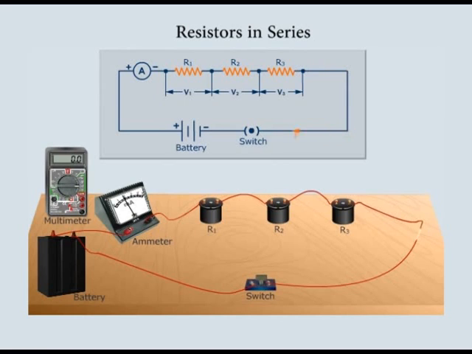Let V1, V2 and V3 be the potential drops across R1, R2 and R3 respectively. Under ideal conditions, the potential drop across the resistors is equal to the sum of the individual drops in potential, that is, V is equal to V1 plus V2 plus V3, where V is the total potential drop.